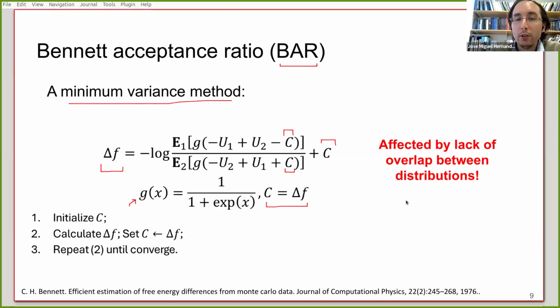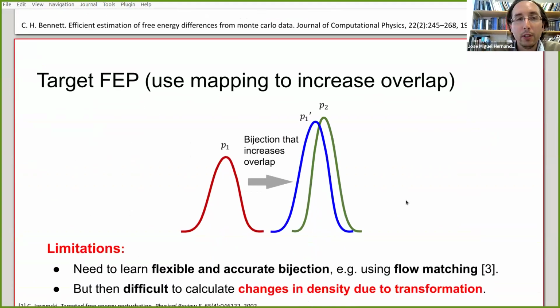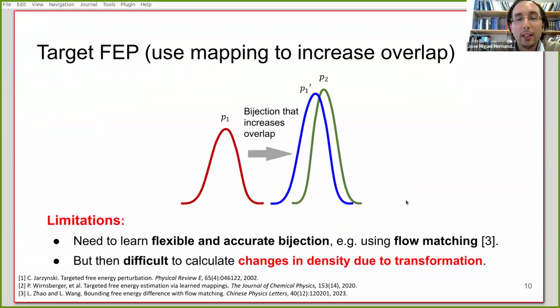So you need to ideally have overlap between distributions. And this can be achieved by doing some transformation of the samples from one distribution. So we may have here samples from the first distribution, P1, in this region of space.